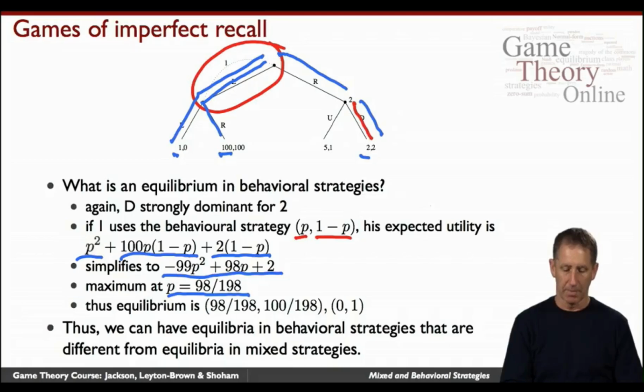That is player 1. And so we end up with this equilibrium where player 1 randomizes this way and player 2 plays down with probability 1. So we see that the equilibria with behavioral strategies, when we have imperfect recall, as we have here, can be dramatically different than the equilibria with mixed strategies.